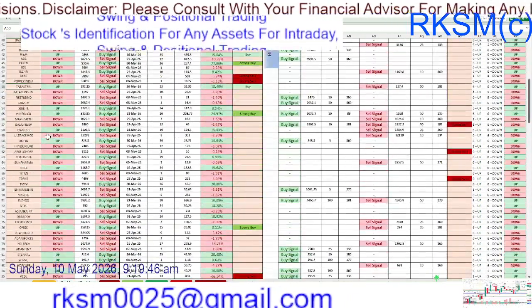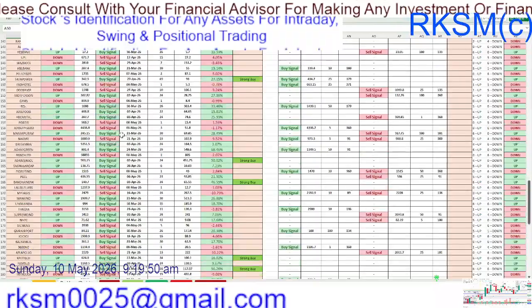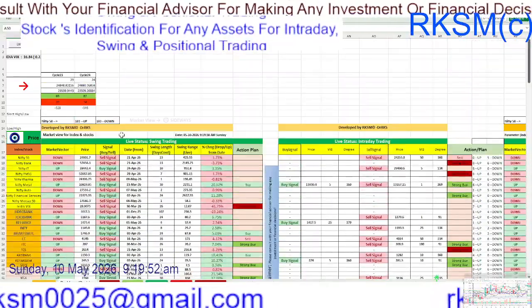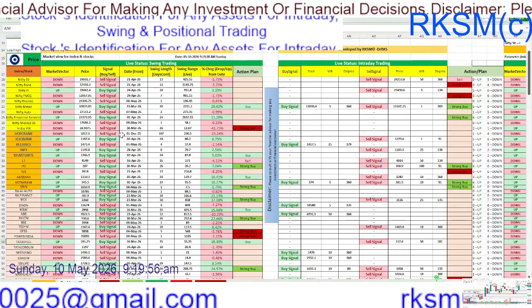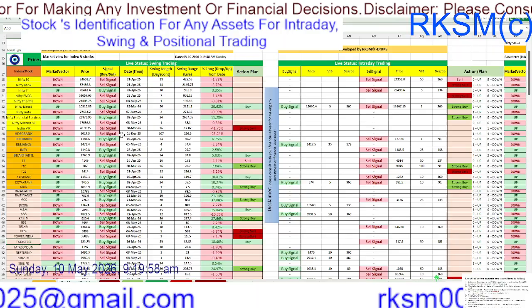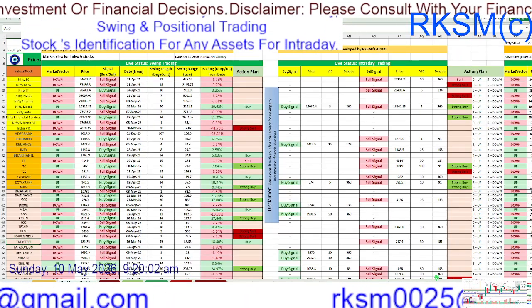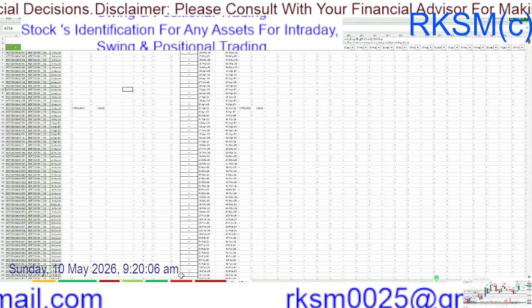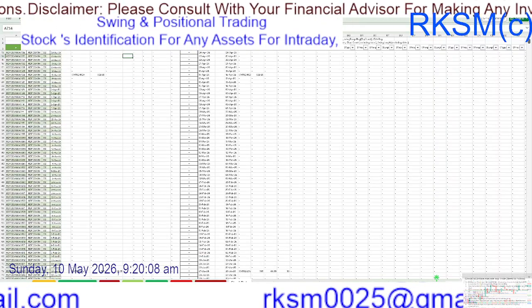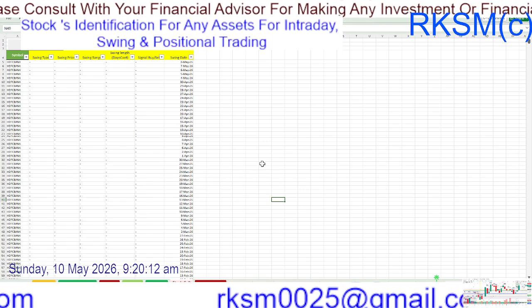Now how can we identify which stock we need to play around? We have developed a very powerful system. It is a dynamic system connected to the live source, with huge previous data. We have designed it so that within a minute you can get which stock you want to play.